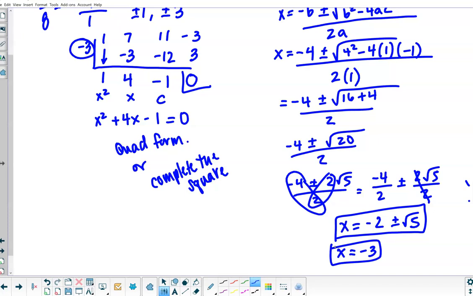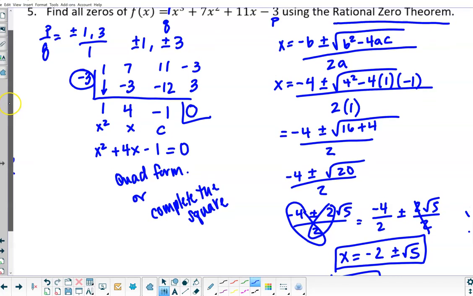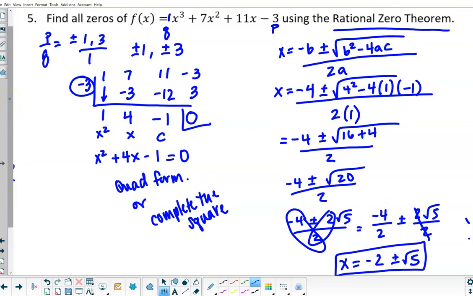But there are two other zeros because our degree is 3. Since our degree is 3, we had to use the quadratic formula to find those other zeros. They happen to be irrational zeros. They could also have been imaginary, but the only rational zero came from that list.